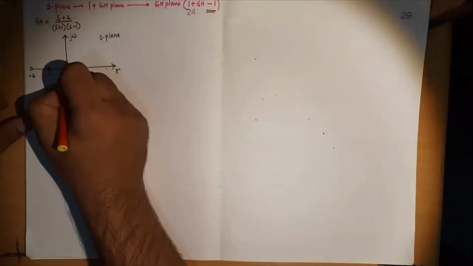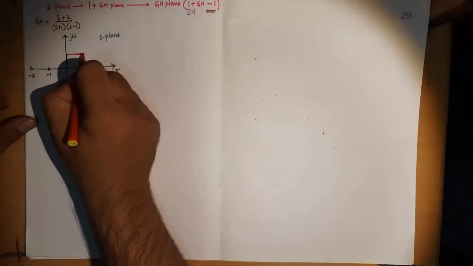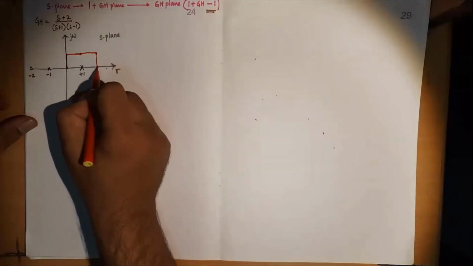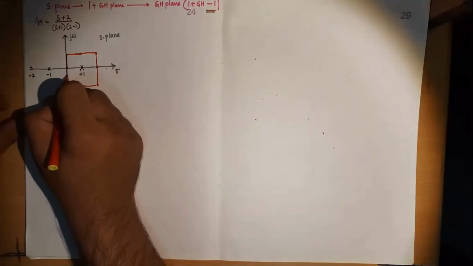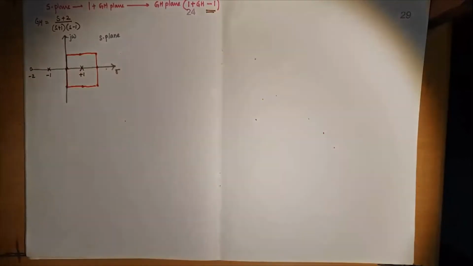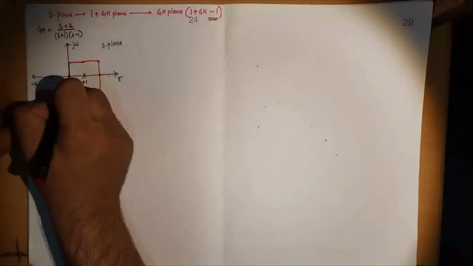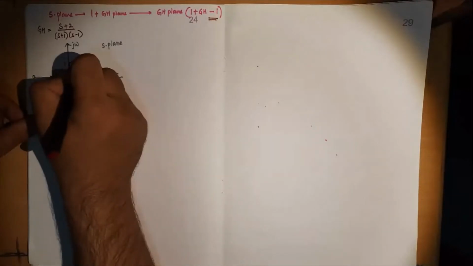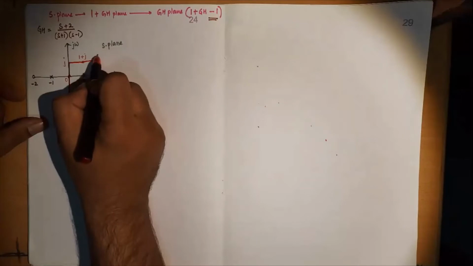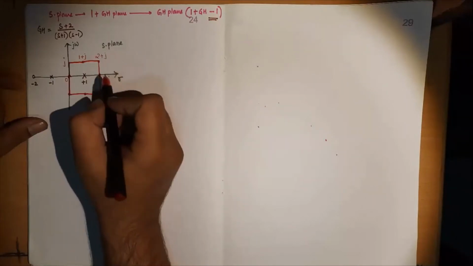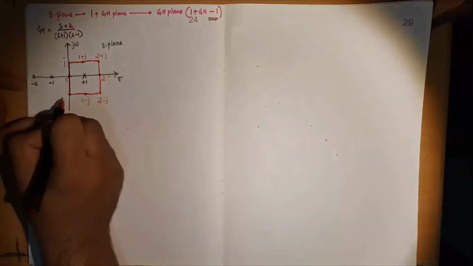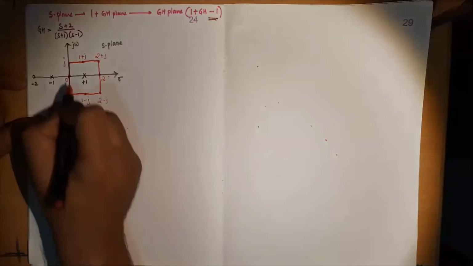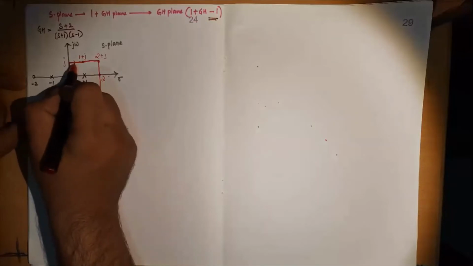Now I will mark the closed loop contour carefully with different points like this. Let me mark those points as 0 origin, then j, then 1 plus j, 2 plus j, 2, 2 minus j, 1 minus j, and minus j. This plane is a complex plane, so it has real and imaginary axes.